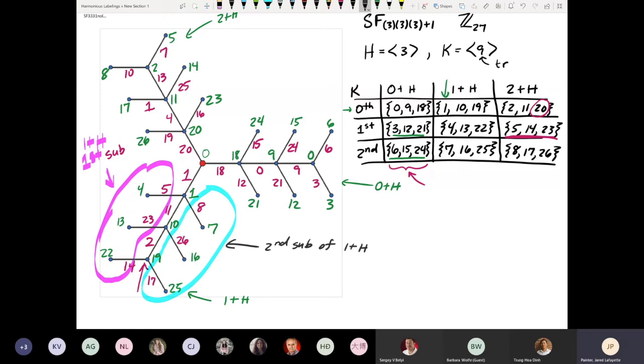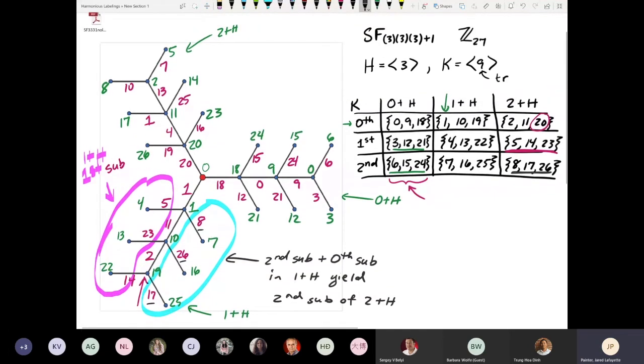So you'd think if I add 2 elements in there, so second subcoset plus the 0th subcoset, because that's the central branch, in 1 plus h, it would yield elements in the second subcoset of 2 plus h. And if you look, 17, 26, and 8, that's exactly what you get. You get the second subcoset of 2 plus h. So all that works fine for those branches and even 0 plus h.